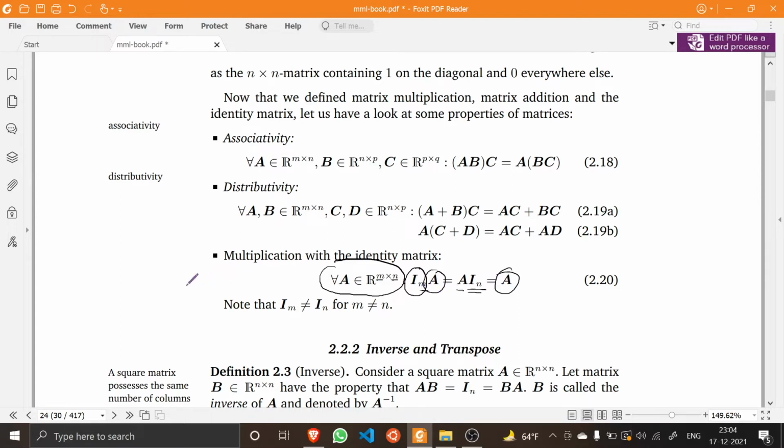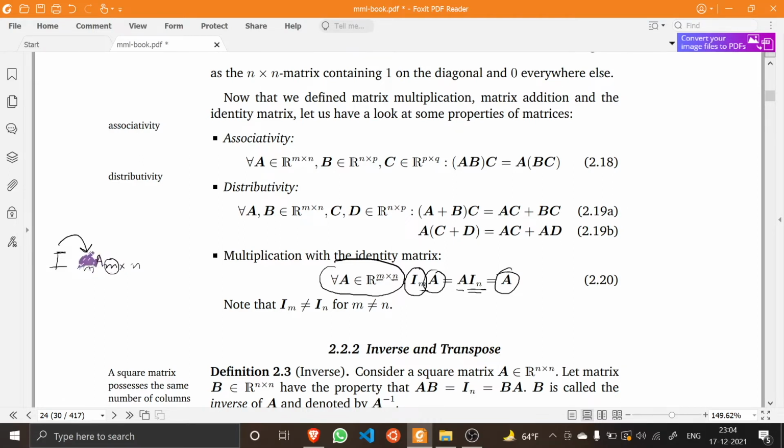In order to explain this, we recall how matrix multiplication was defined. If A is a matrix with m rows and n columns, and I'm multiplying a matrix from the left of A, the number of columns in this I matrix should be equal to the number of rows in the A matrix. So it should have m columns.